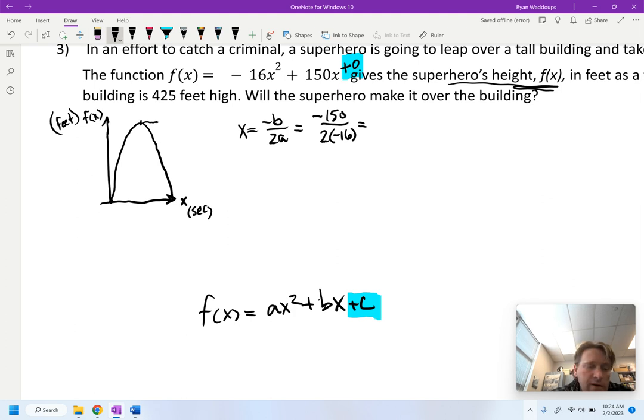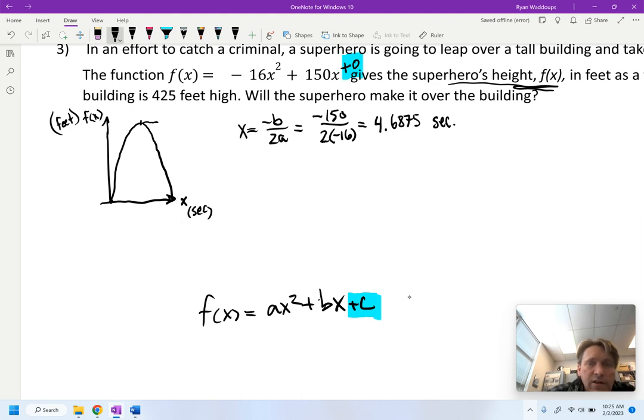We've got negative 150 divided by negative 32. And that gives us 4.6875 seconds, because we're looking for the x value. Once again, x is the time.